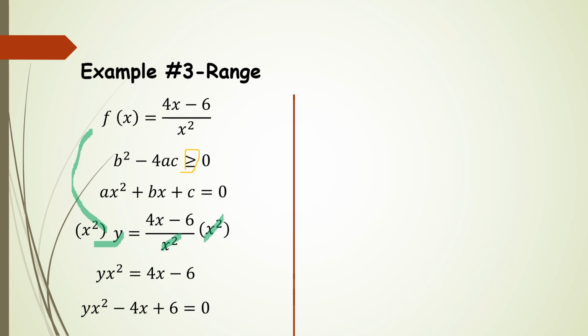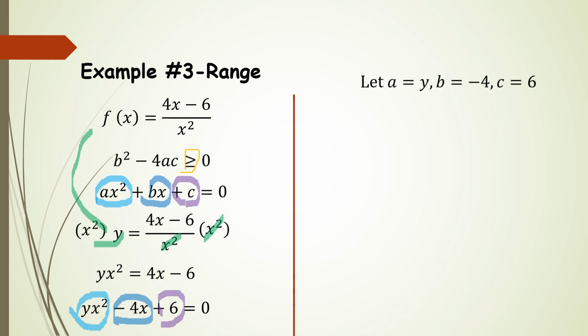As you can see, nasa quadratic form na siya. We have the ax squared, which is yx squared, bx, which is the negative 4x, and c, our constant, which is 6. Therefore, we let our a be equal to y.